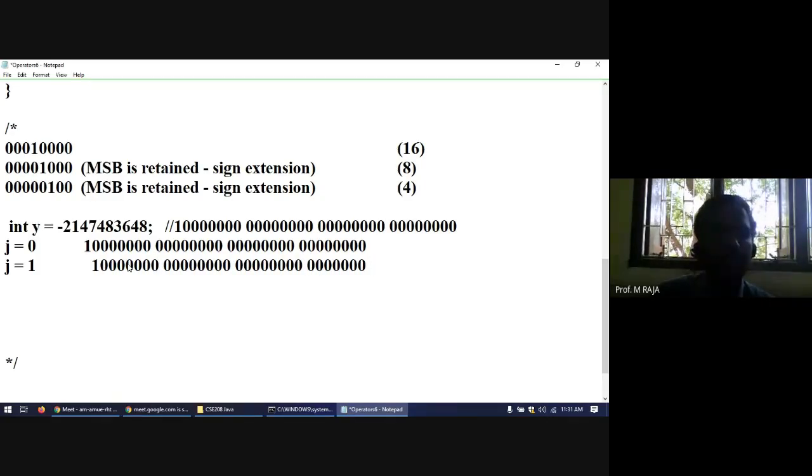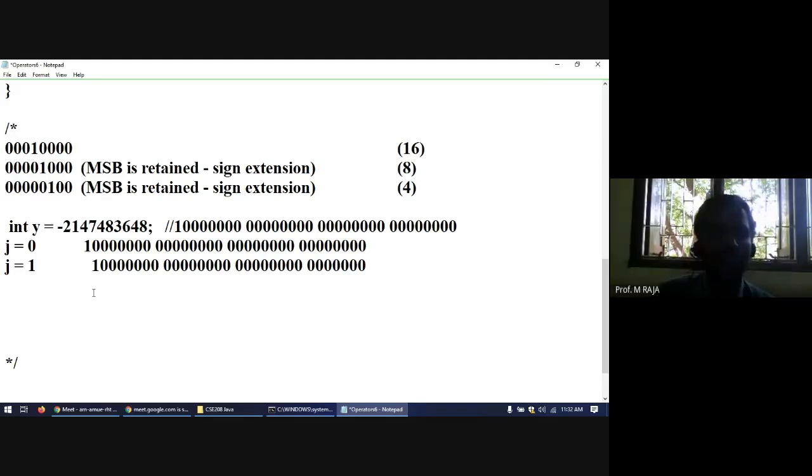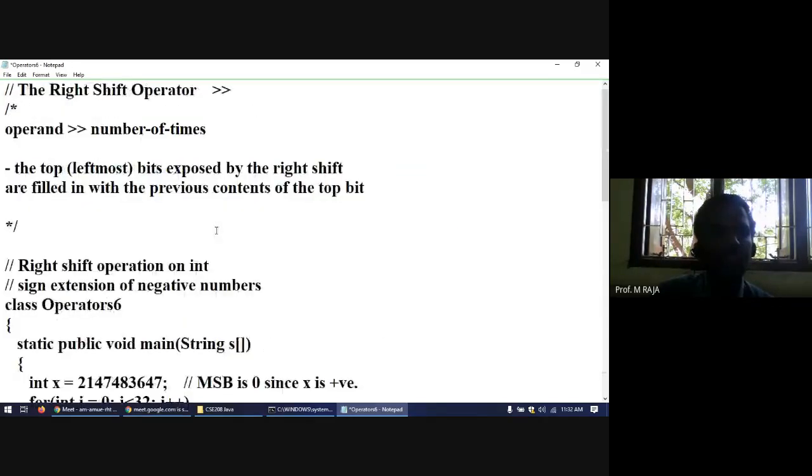So what about the new MSB? Not 0. I said MSB is retained, sign extension. The operator is a sign extension operator. Sign is extended automatically when you perform the bitwise right shift operation.